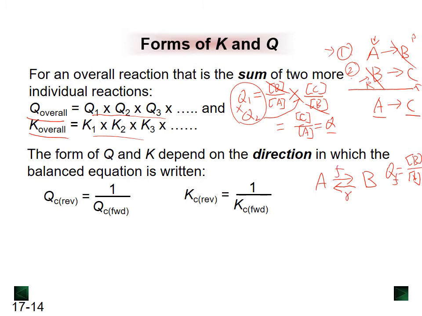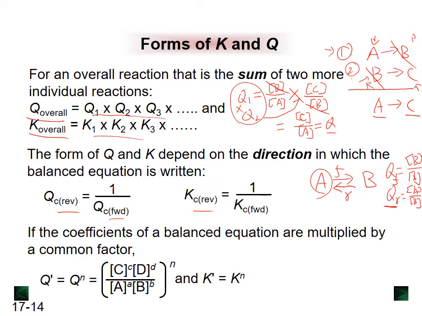The forward reaction quotient is B divided by A. For the reverse reaction, A is the product, so it's A divided by B. And then you can see Q for the reverse reaction is 1 divided by the forward reaction quotient. Similarly, the equilibrium constant for the reverse reaction is 1 divided by the forward reaction equilibrium constant.